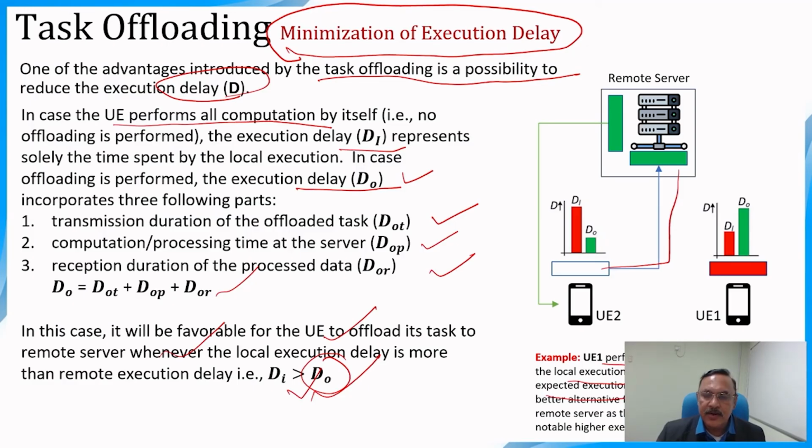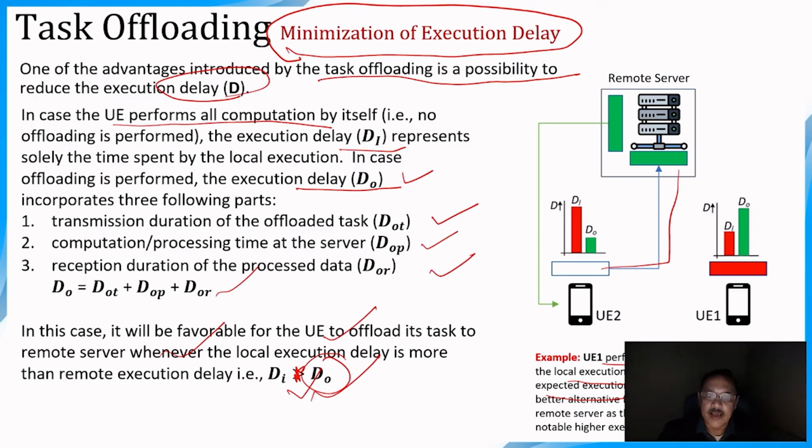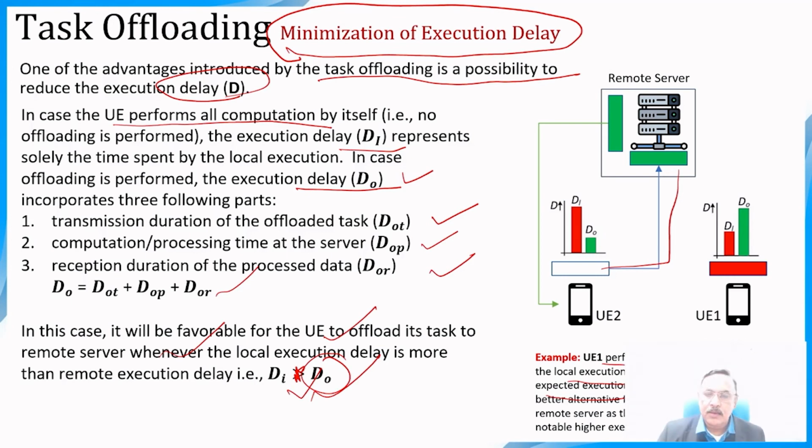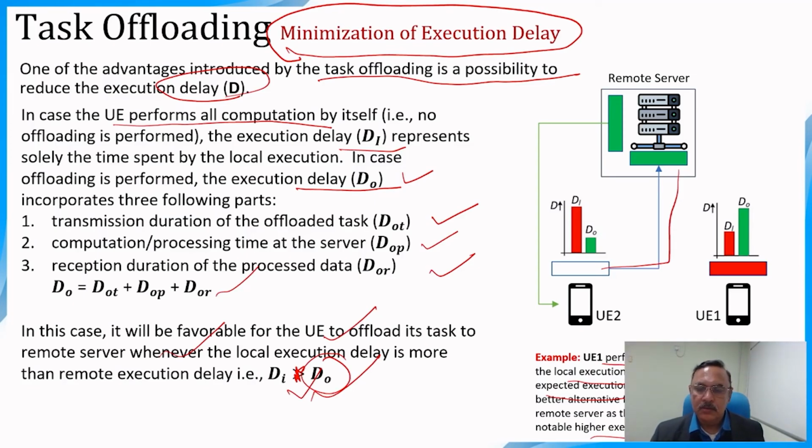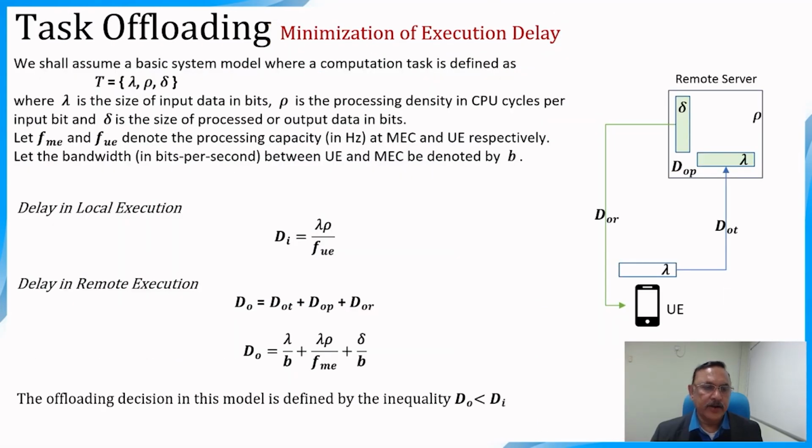Here you can see that D_I is less than the delay to offload to the remote server, as the local execution is notably higher compared to the local one. So, minimizing the execution delay, again, is quite similar to that.